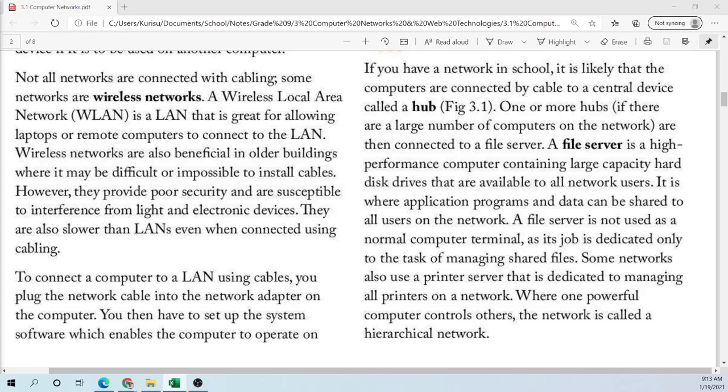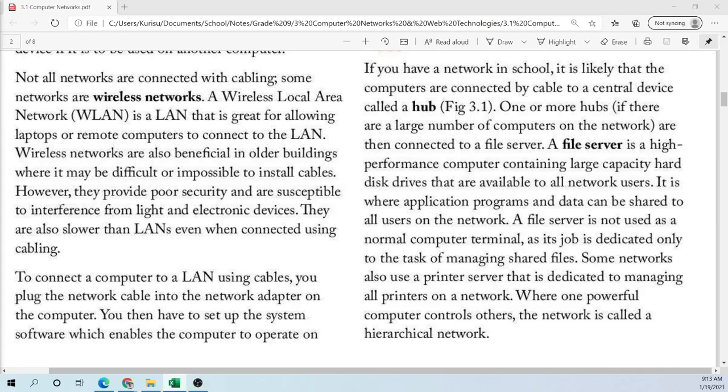Hubs. If you have a network in school, it is likely that the computers are connected by cable to a central device called a hub. One or more hubs, if there are a large number of computers on the network, are then connected to a file server. A file server is a high-performance computer containing large capacity hard disk drives that are available to all network users.